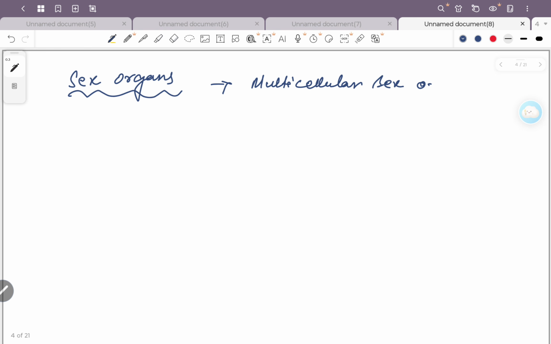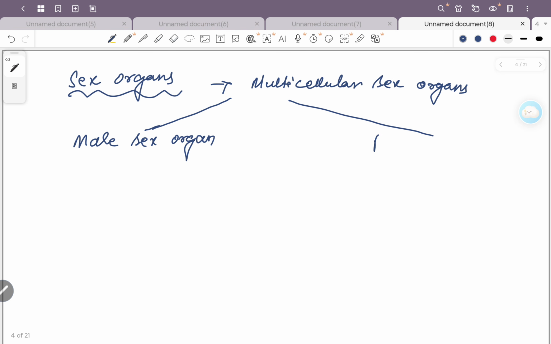The sex organs are multicellular. As you know, they reproduce sexually, so they have a male sex organ and a female sex organ. The male sex organ is known as antheridium.